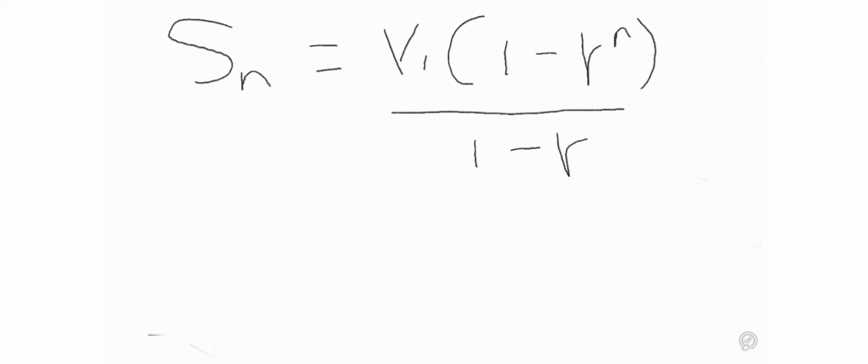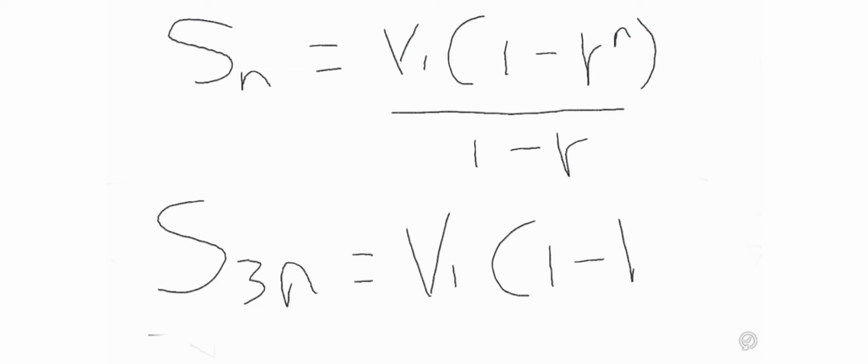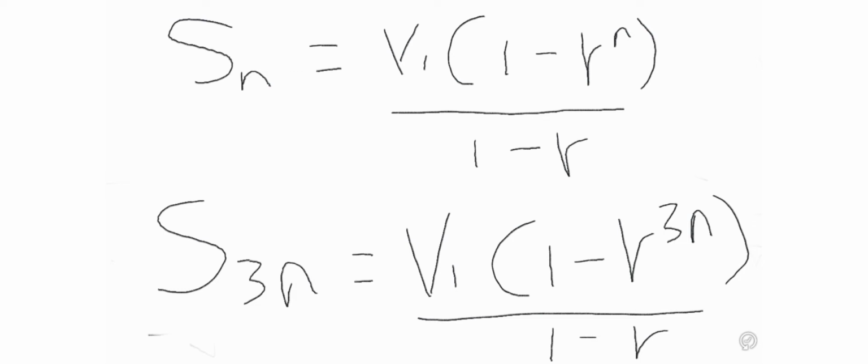So if Sn gives us V1 into bracket 1 minus R^n over 1 minus R, that means S3n will give us V1 into bracket 1 minus R raised power 3n over 1 minus R. And S2n will be equal to V1 into bracket 1 minus R raised power 2n over 1 minus R. So the 2 goes here, and we have R^2n there.